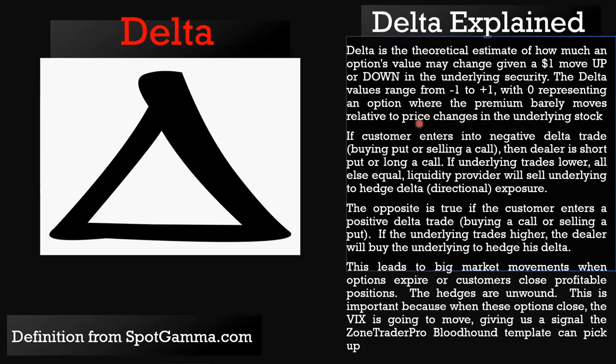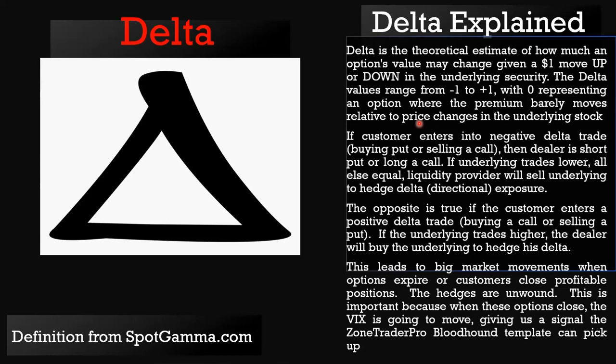Now, this leads to big market movements when options expire or customers close profitable positions, because these hedges are going to get unwound. And this is really why we need, as futures traders, to look outside of just the box of what our ES chart is telling us.